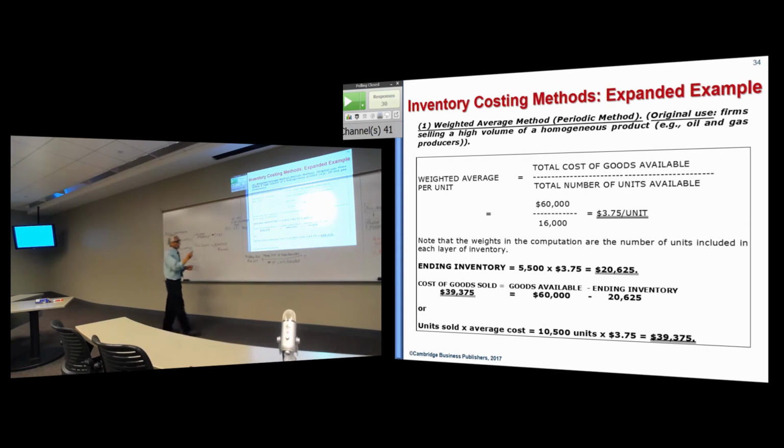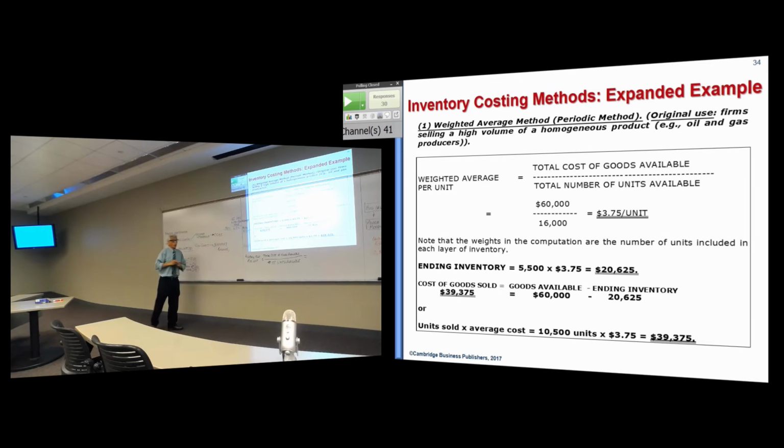In the average cost, $26.25 is the cost of goods sold first. So the cost of goods sold is $39,375, and the ending inventory is the $20,625.